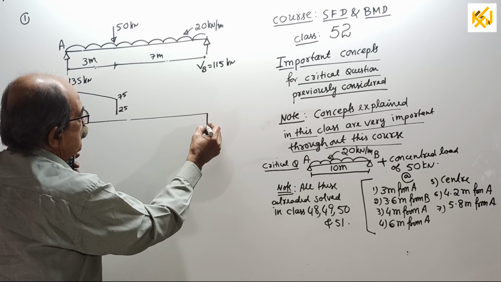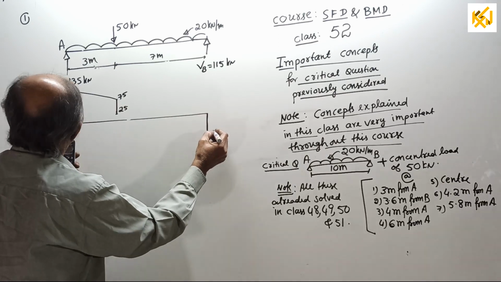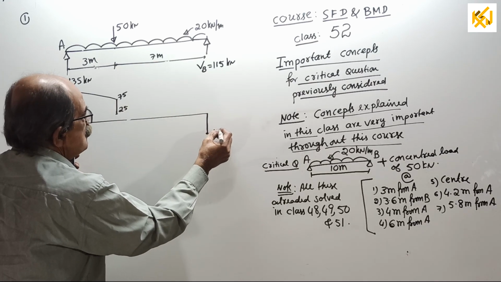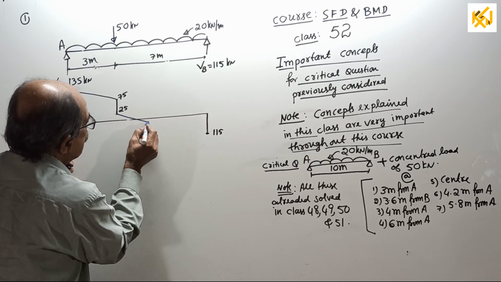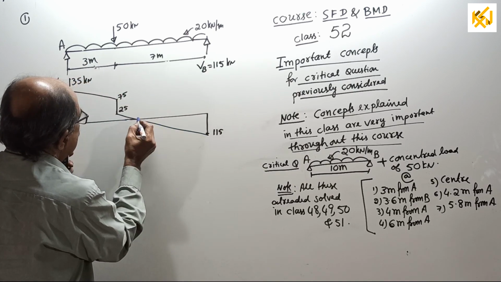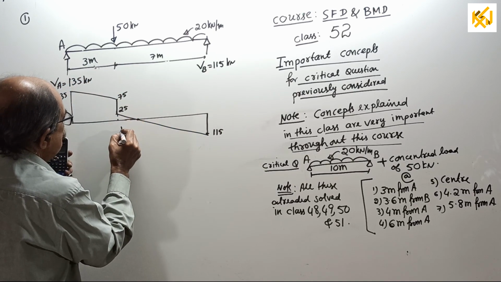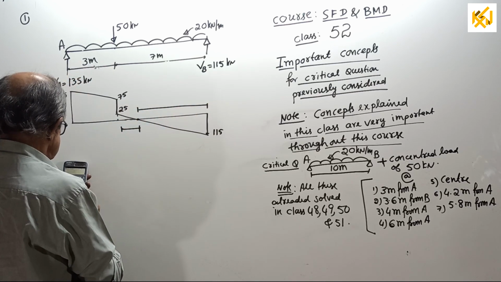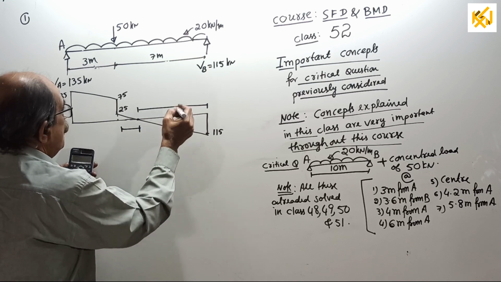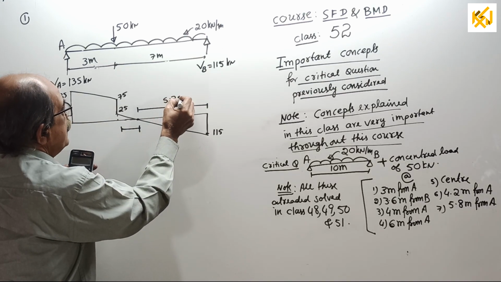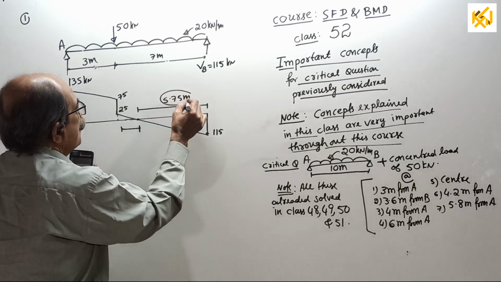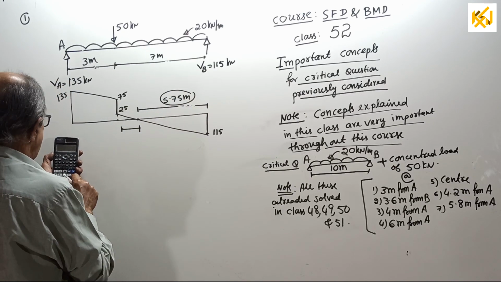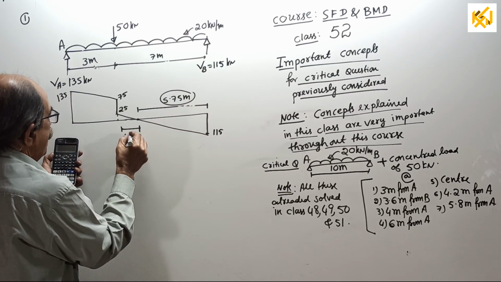You can see how I am solving also. This point is required; you already know how to locate that point from both ends. 5.75 meter. I am rounding off, because calculated minus 7 is 1.25 meter.